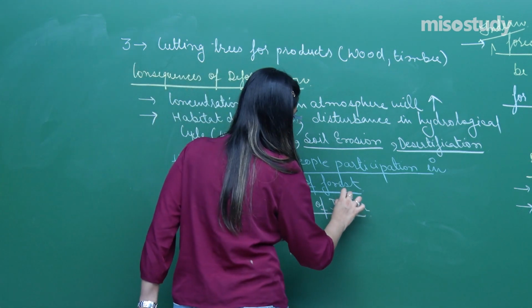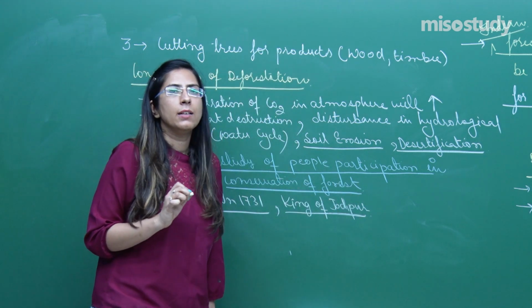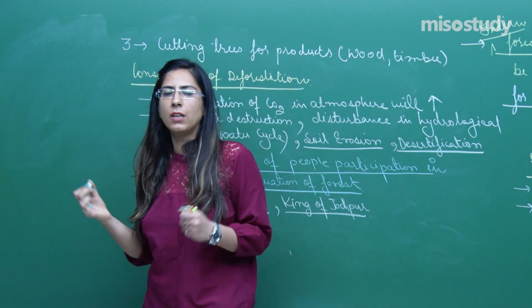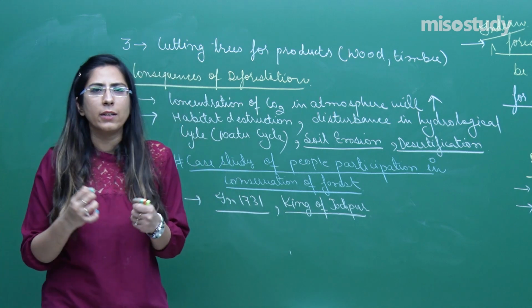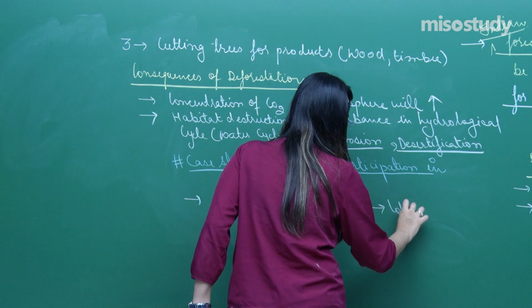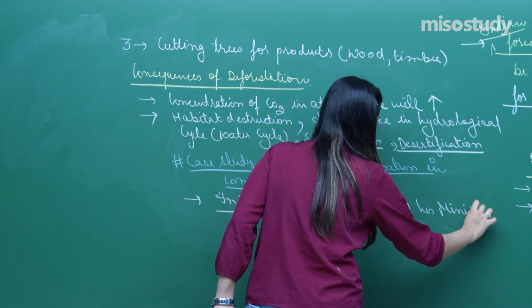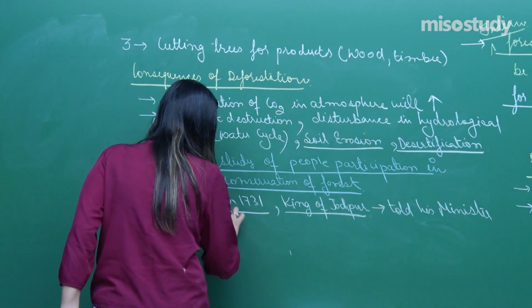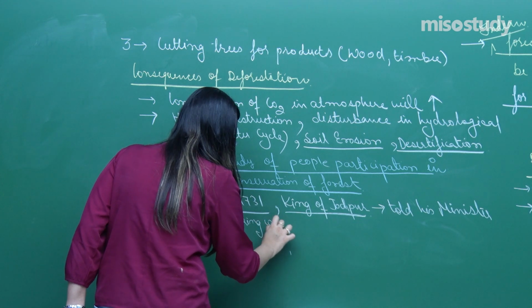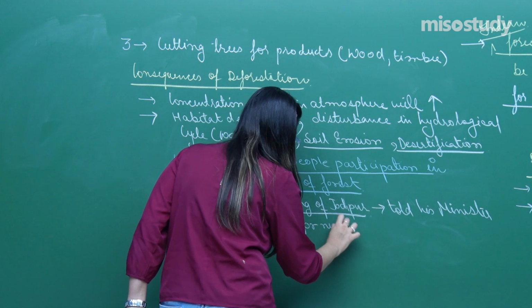The king of Jodhpur said to his minister that he wanted to build a new palace, so he told his minister to bring wood for the new palace.